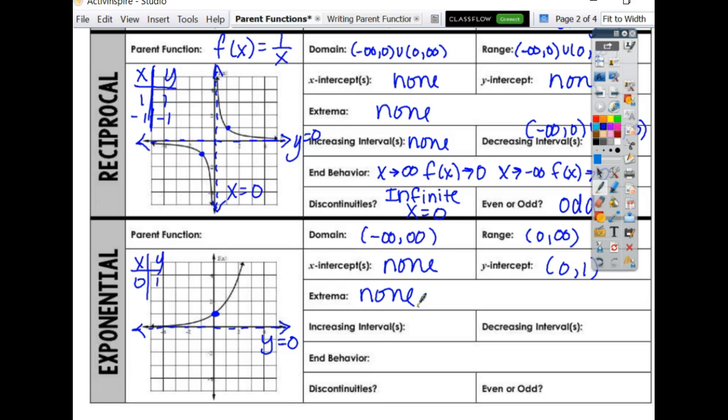Okay, give me the increasing interval. Very good. Is there a decreasing interval? No. That's because this is exponential growth. I'm going to write it in just a second.